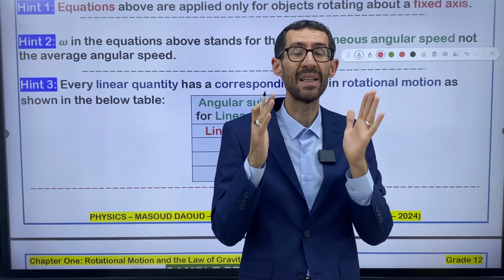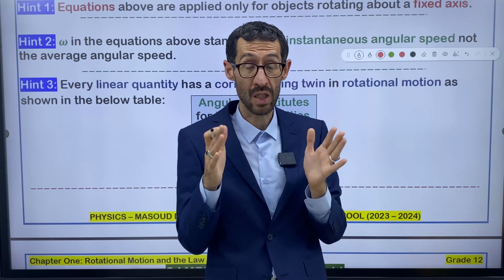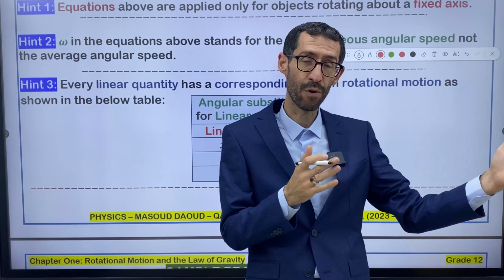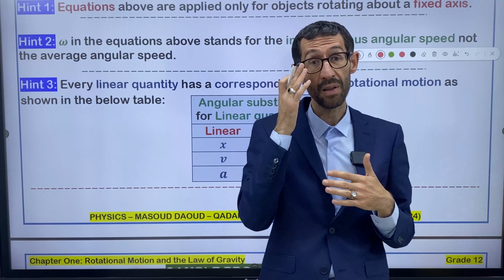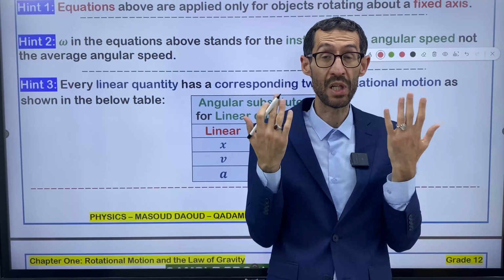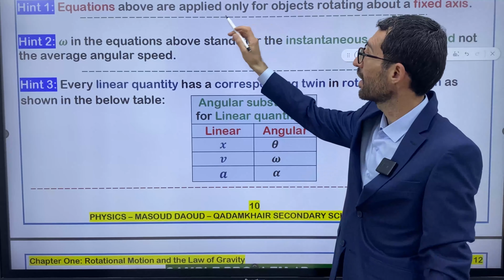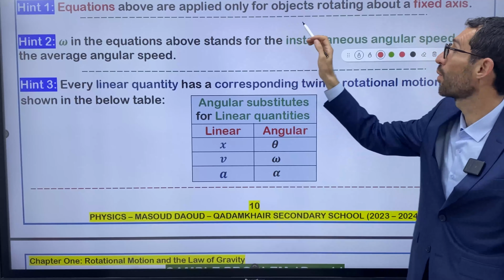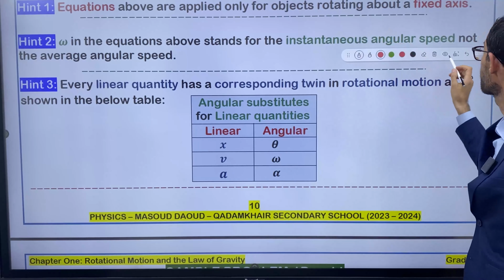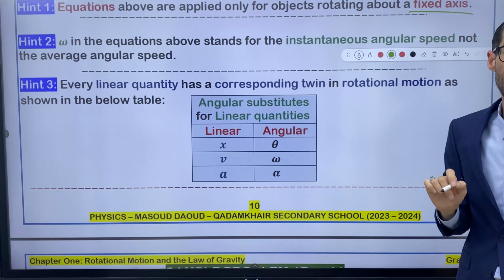We concentrate on the rotational form, not the linear form, because the linear equations are older ones. We got information about them in grade 11. So rotational equations are applied only for cases where we have a fixed axis.